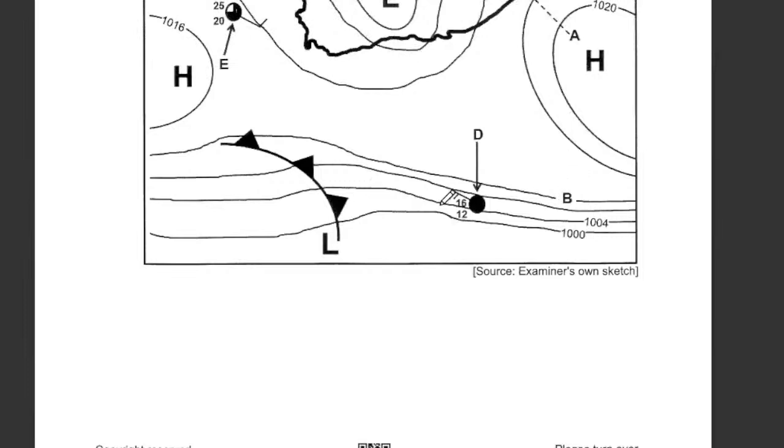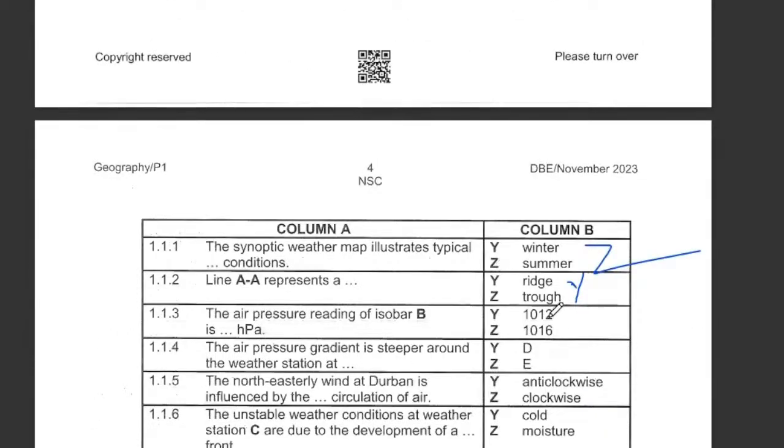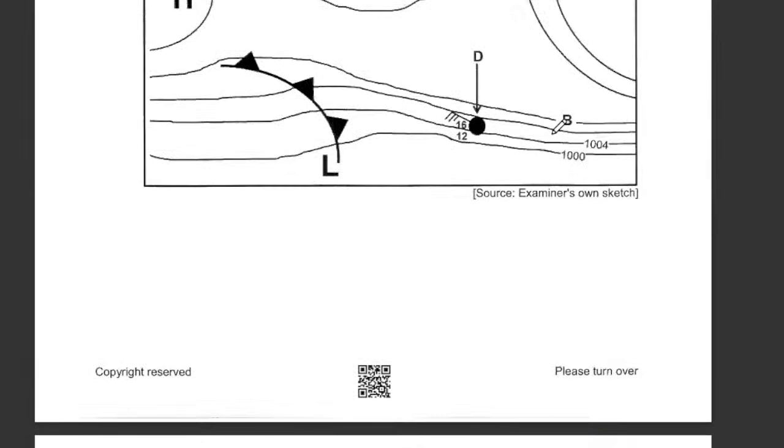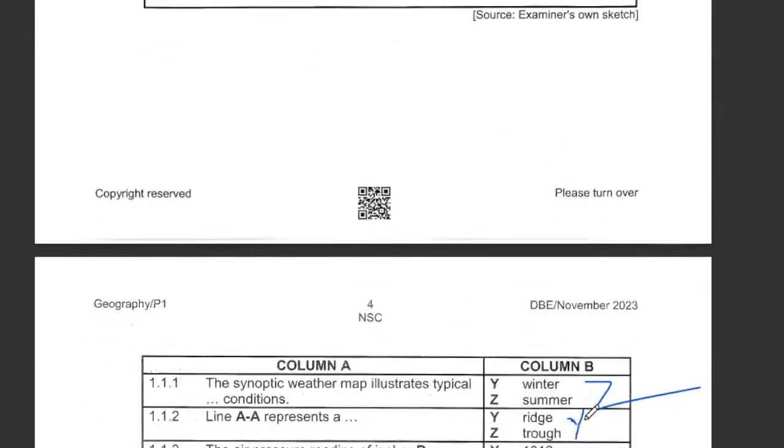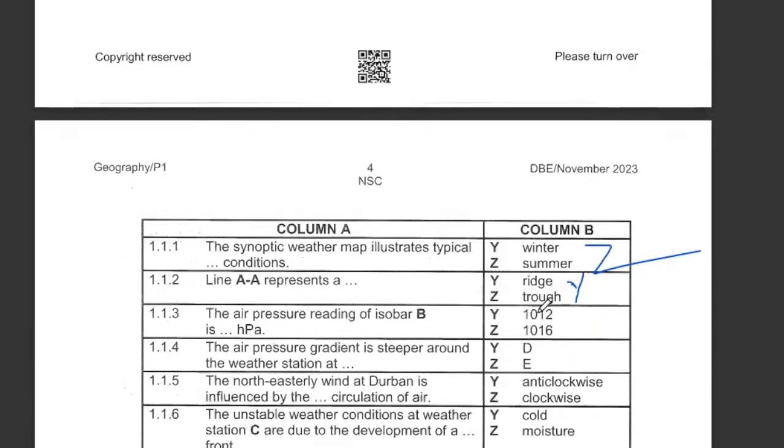When you check here, the readings of B, if you take it from here, because it is decreasing, the options that are given, we don't have anything that is below 1,000. Because when you minus here, it will give you 1,000, and this one 996. Yet the options we have, we don't have a 996.